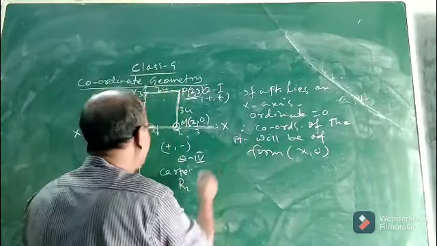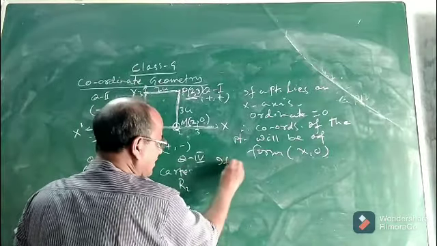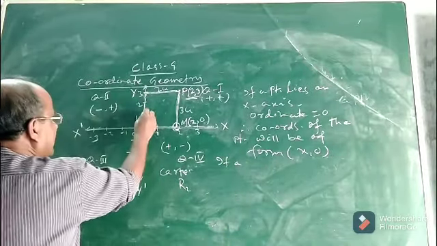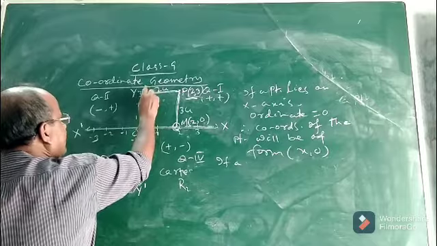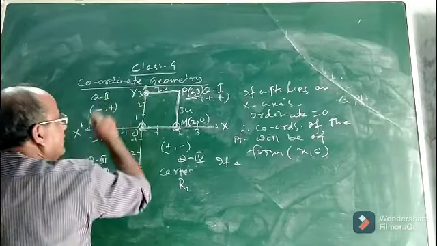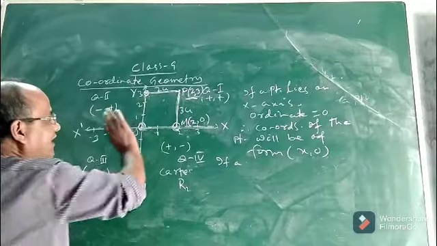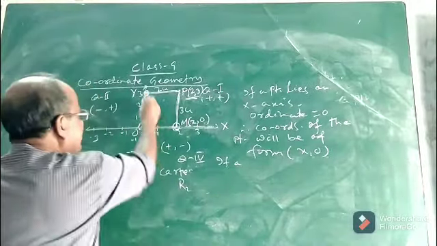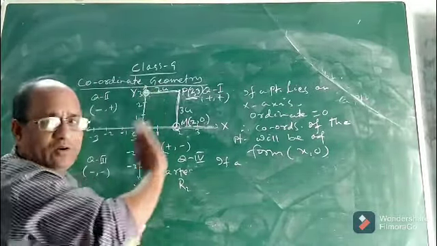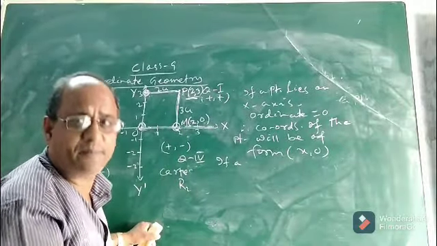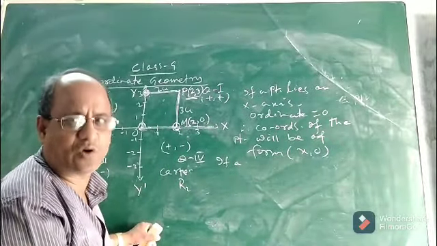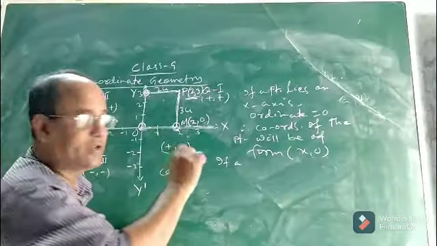Similarly, suppose a point lies here on the y-axis. Since the point lies on the y-axis, it is at no distance from the y-axis. If it is at no distance from the y-axis, then which coordinate is 0? Definitely the x coordinate is 0.